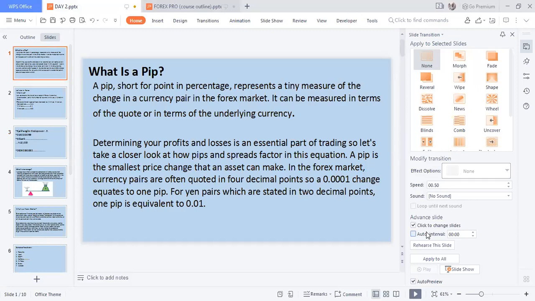Class, a pip is simply the smallest price change that an asset can make. In the forex market, currency pairs are often quoted in four decimal points, so as 0.0001. Let me quickly explain what I'm trying to say, class.